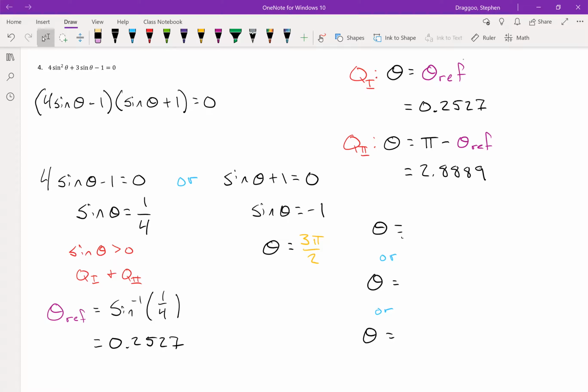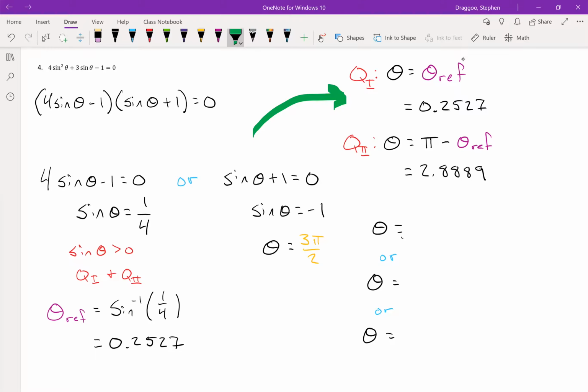So sine is equal to a positive number, which means I'm looking for solutions in quadrant 1 and quadrant 2. I'll get that reference angle by taking the sine inverse of 1/4, and I come up with a value of 0.2527. And then I'll move up to this upper right corner.